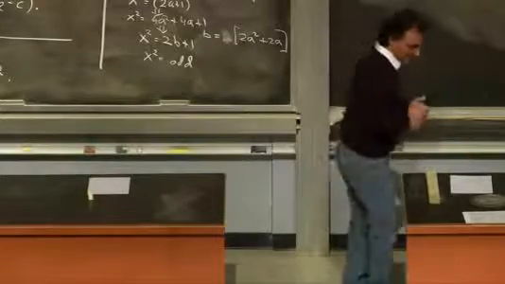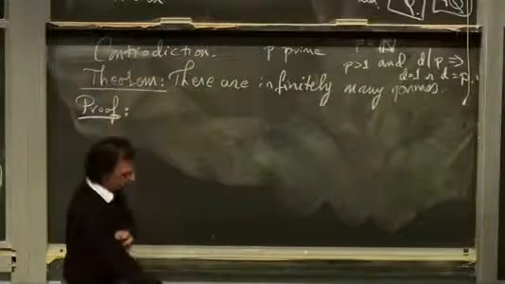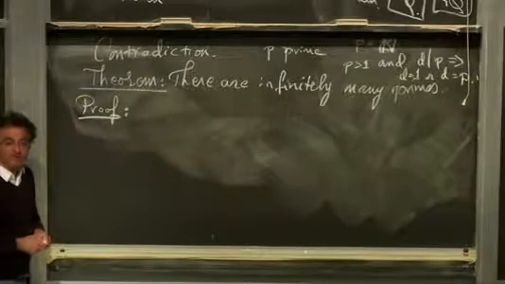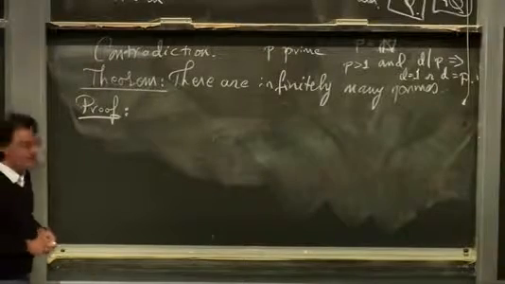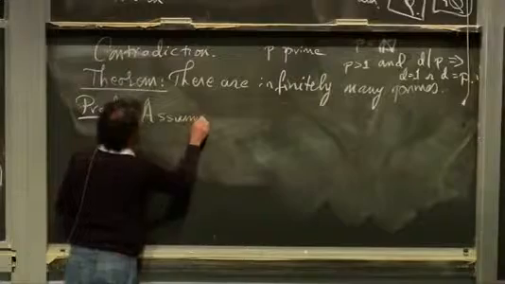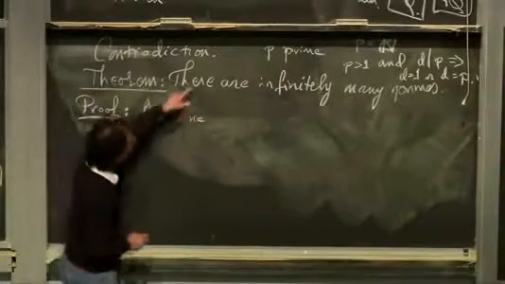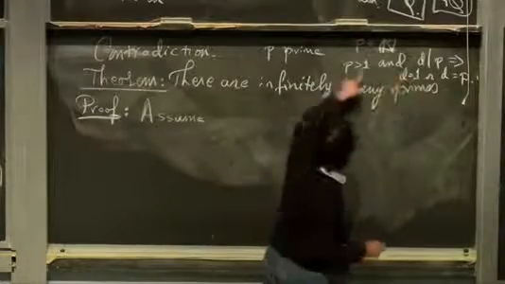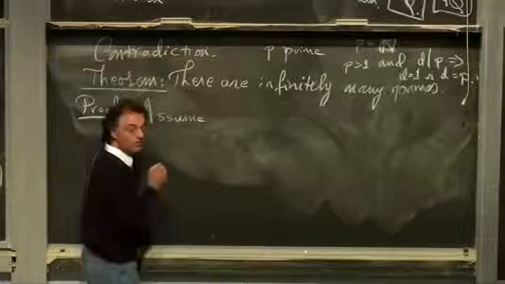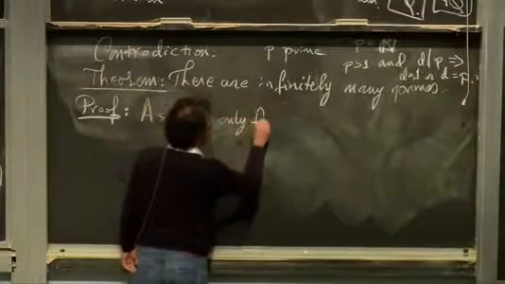The way to do this is to do it by contradiction. So let's assume that there are only finitely many primes. Let's assume that this is false: assume there are not infinitely many primes. So there are only a finite number of primes.